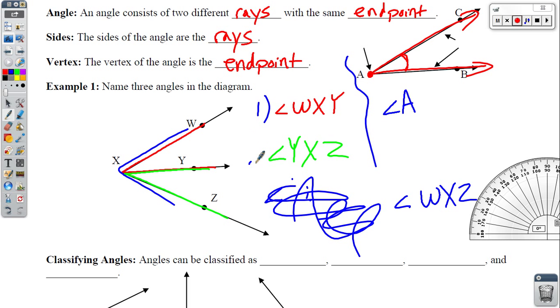So these 3 things here are 3 names for 3 different angles. Now I should mention you can list these the other way around. It would be perfectly acceptable to call this one angle YXW and so on. As long as the vertex is in the middle, that's the important thing.